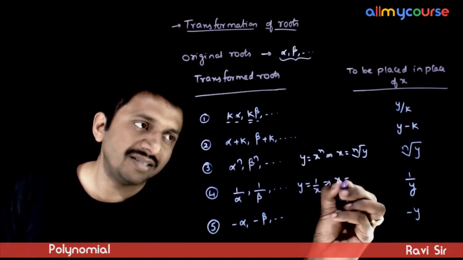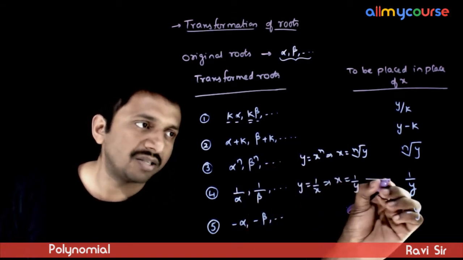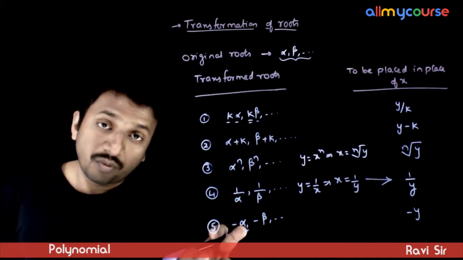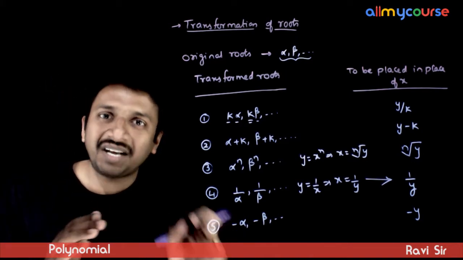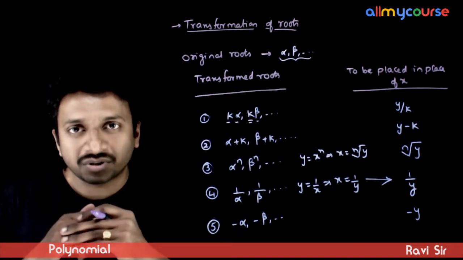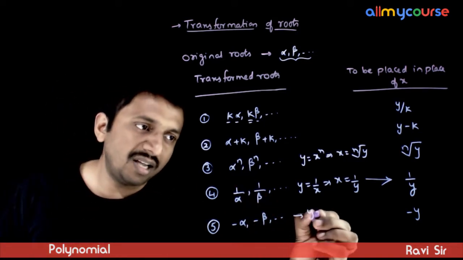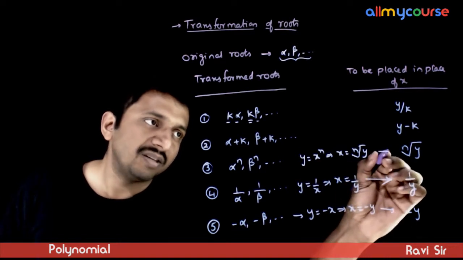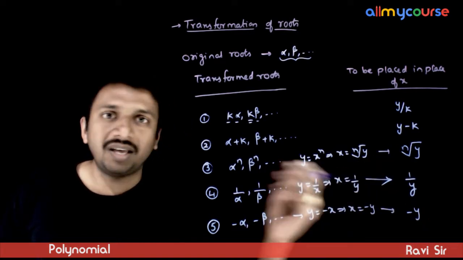This implies x is equal to 1 by y. So you need to substitute 1 by y in the place of x. If you want the roots to be of negative sign of the original roots, y is equal to minus x implies x is equal to minus y, right? So you just need to put minus y in the place of x.